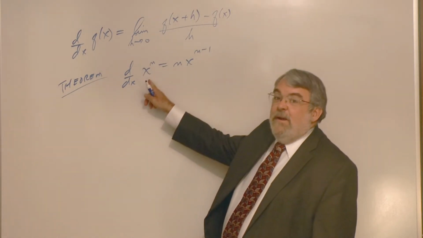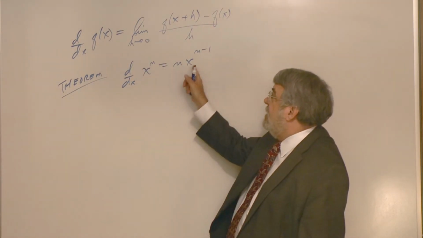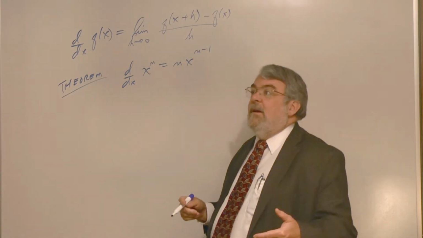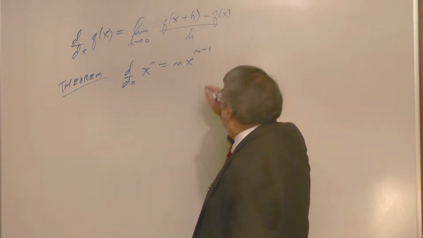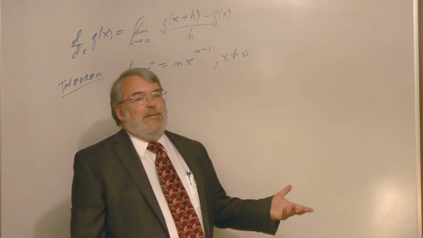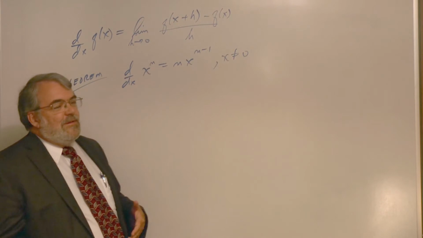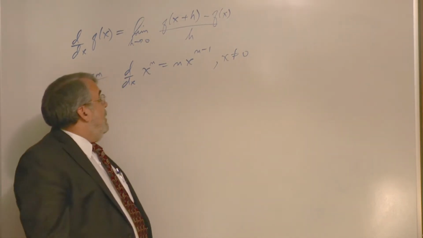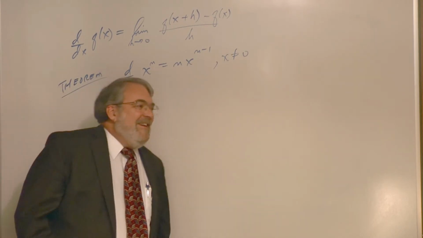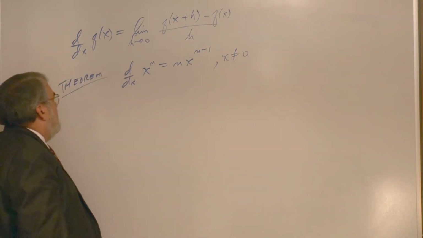The derivative of x raised to the nth power is n times x to the n minus 1 when x is not equal to 0. Because, like we mentioned before, if x was equal to 0, in some cases this would end up being division by 0.